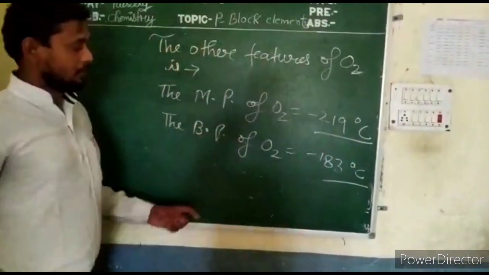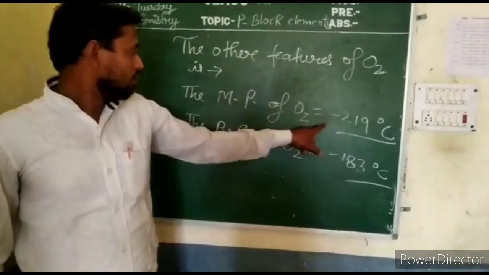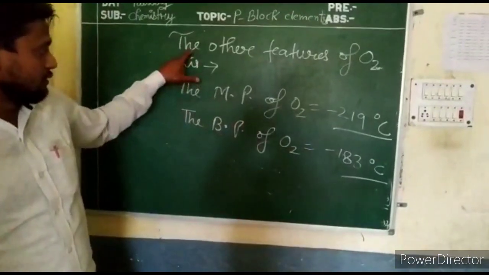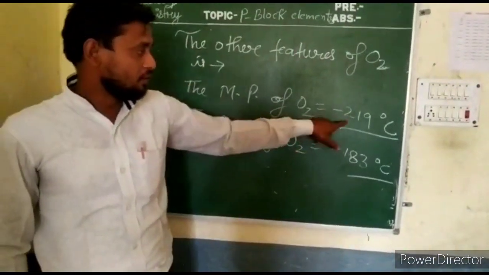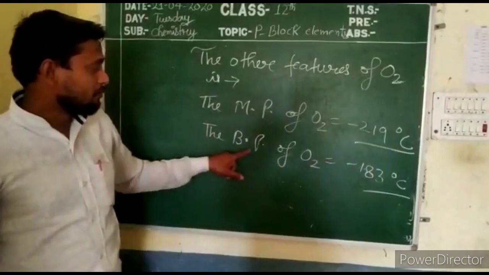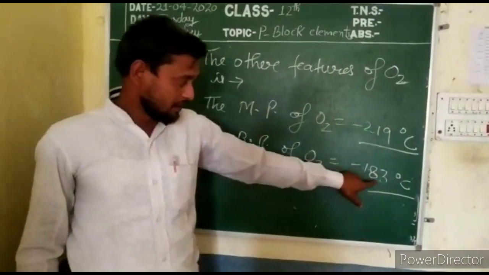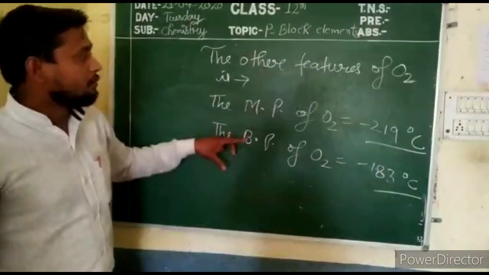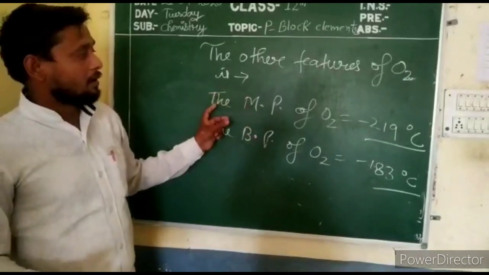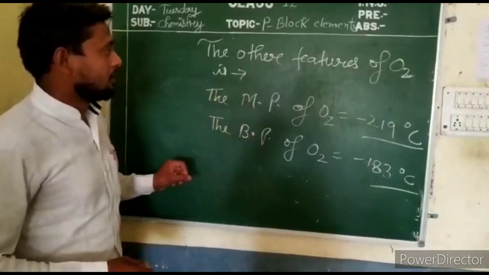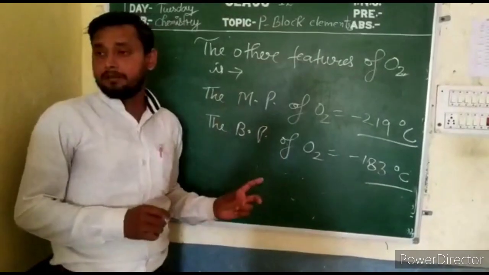These are the two main points of oxygen. Melting point of O2 is -219 degrees Celsius, and boiling point of O2 is -183 degrees Celsius. Some features are more, but today we have a short time.